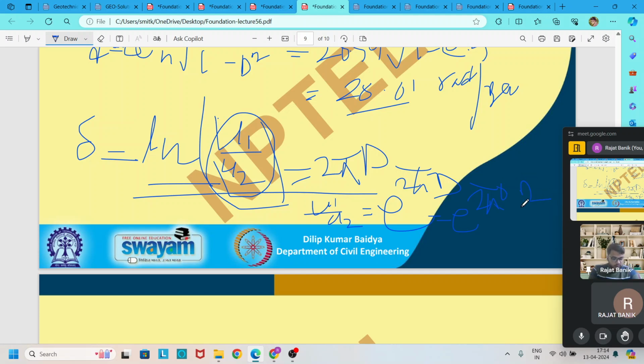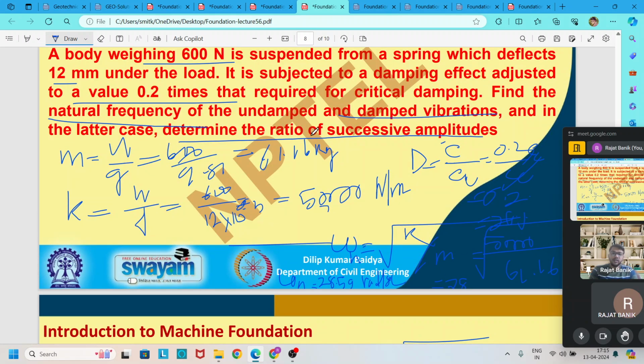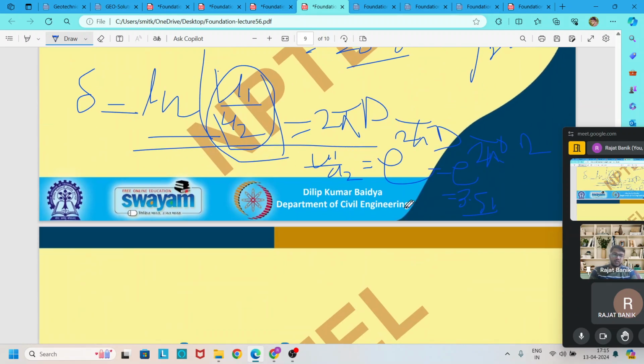So we get this ratio of 2 into 3.14 into 0.2, which becomes 3.51. So our answer for determining the ratio of the successive amplitude is 3.51.